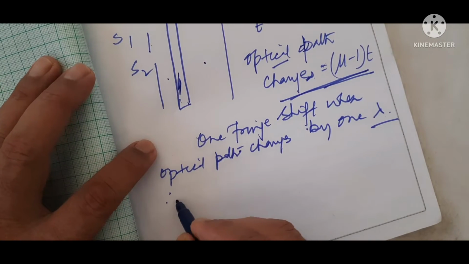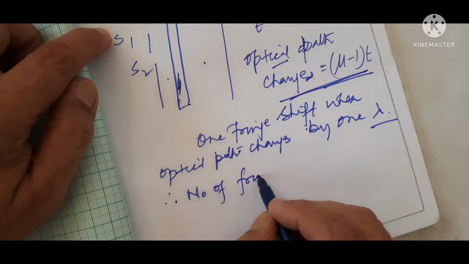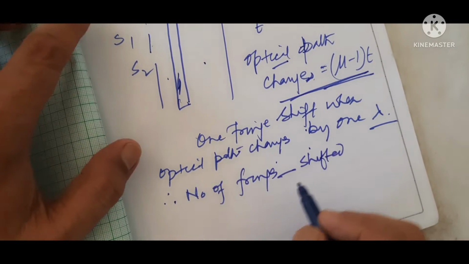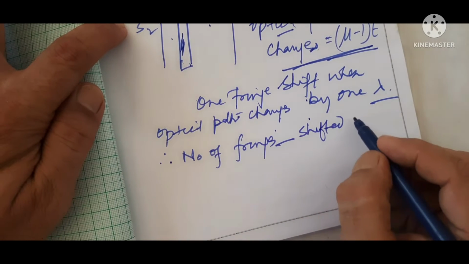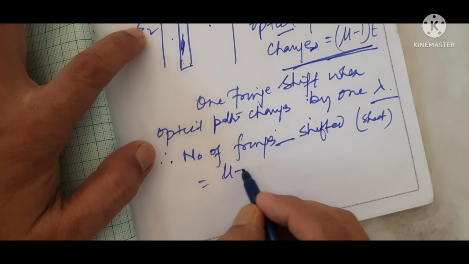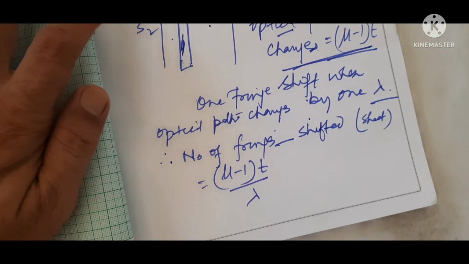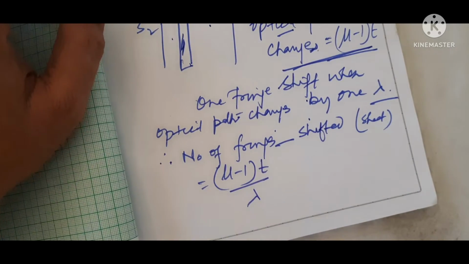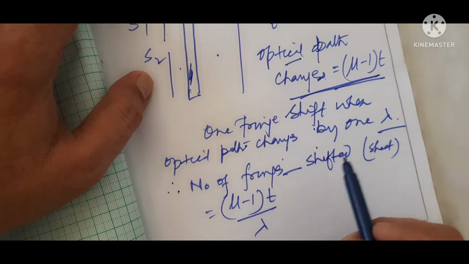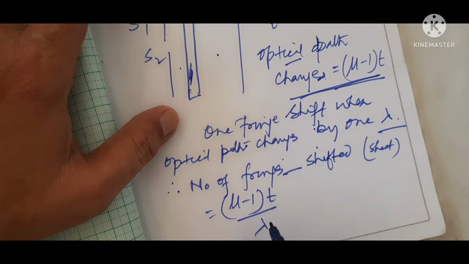Thus, the number of fringes shifted by the introduction of the sheet is equal to mu minus 1 into T by lambda. That should be the number of fringes shifted. One fringe shifts when the optical path changes by 1 lambda, so the number of fringes shifted will be mu minus 1 into T by lambda.